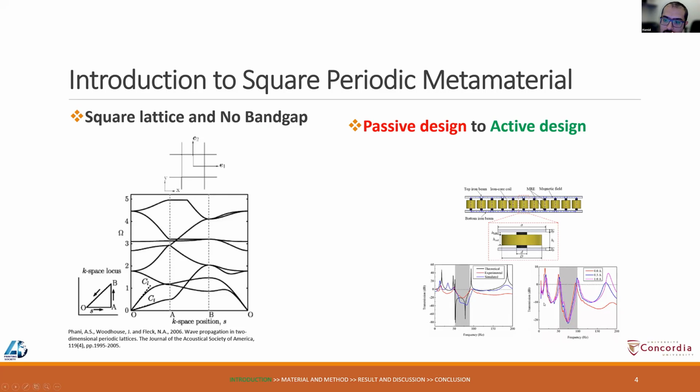Okay, if I want to talk a little bit about the periodic square structure, in periodic square structures we don't have any band gap, as you can see here in the range of low frequency. All the waves can propagate.